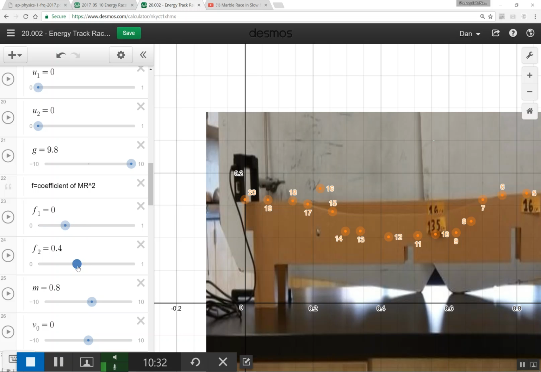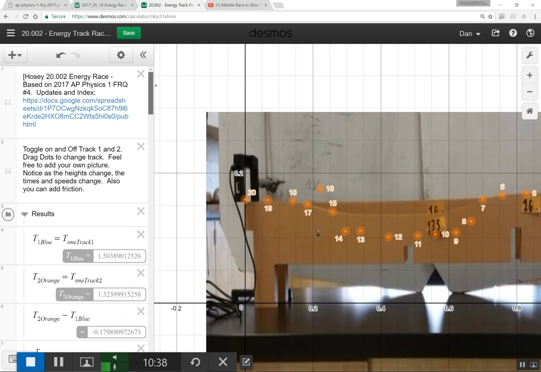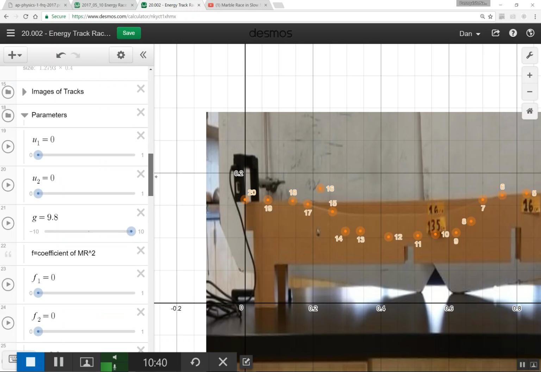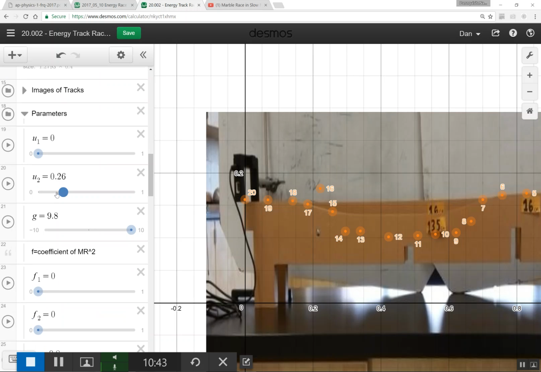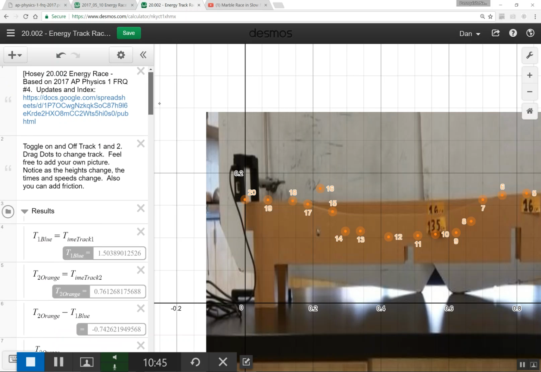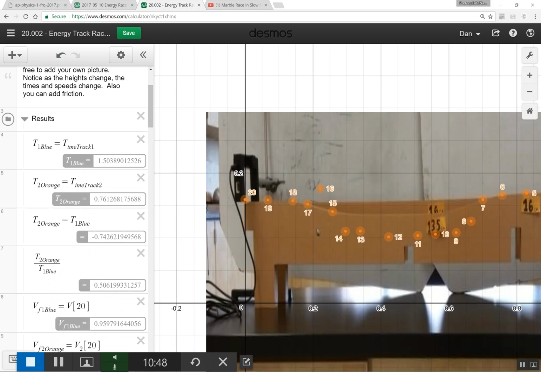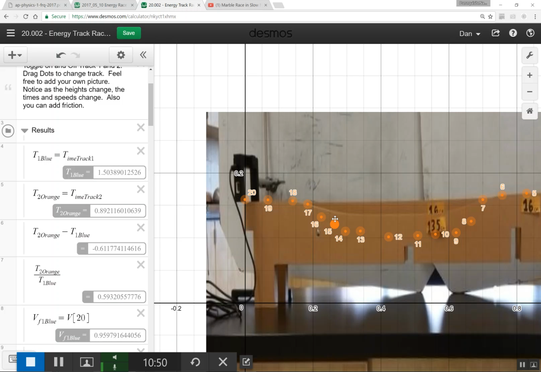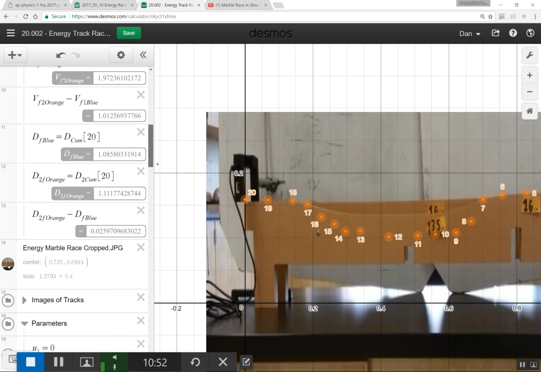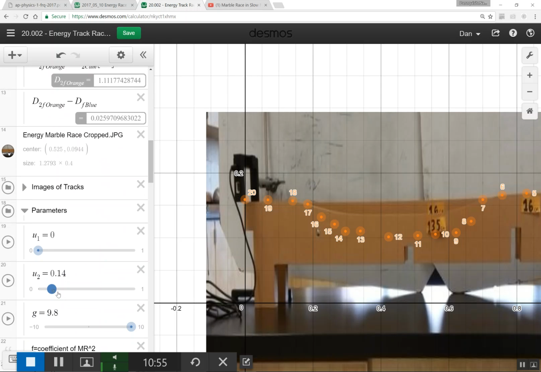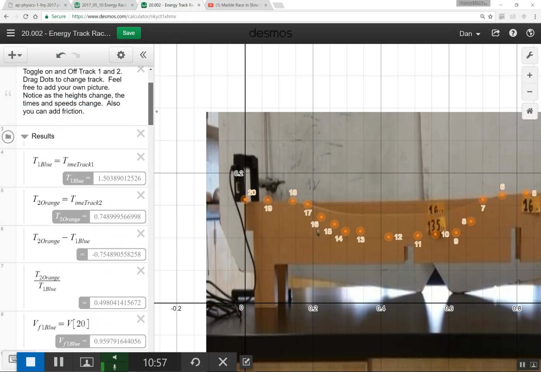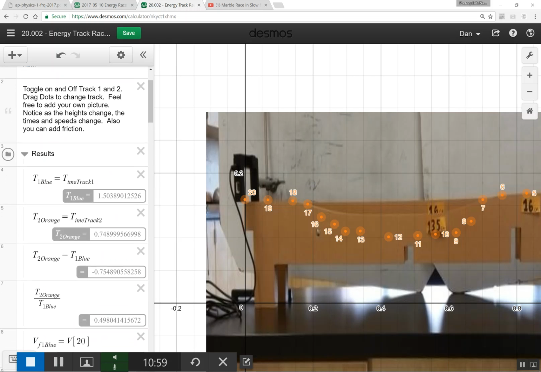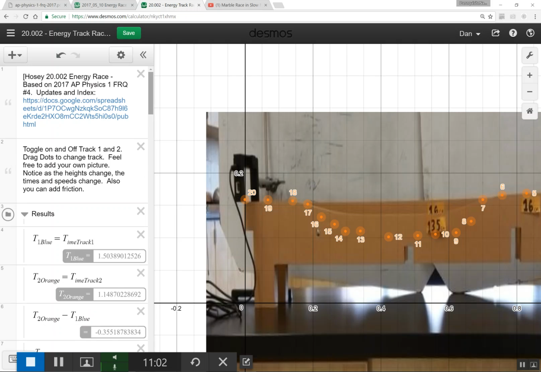Let's make the moment of inertia fraction 0, but then watch what happens when you add some friction. If we look up here, it's saying 1.32, and then if I go down here and change the mu, give it some significant mu, it makes it, sorry, I moved some dots around. So it's 0.89 seconds now, and then I make the friction even a little greater, and then I go up here, and it's going to change the time. Well, I'll have to play with that later.